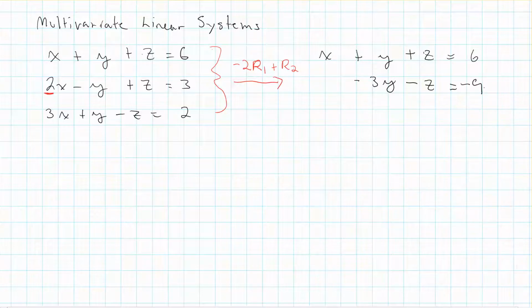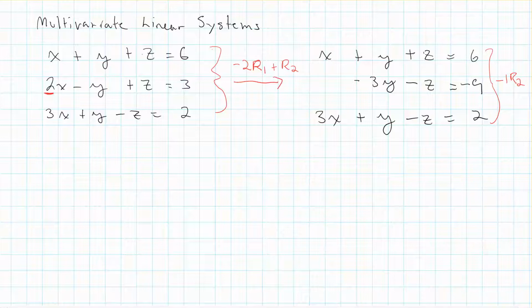And now I haven't done anything else to this other equation, so I'm just going to have 3x plus y minus z equals 2. So the second equation is kind of already what we want, but I'm going to make life a little bit easier. Notice how I have all these negatives. Let's just multiply. My row operation is -1 times row 2, because that was a valid row operation as well.